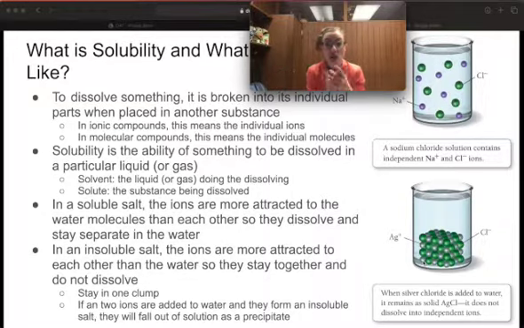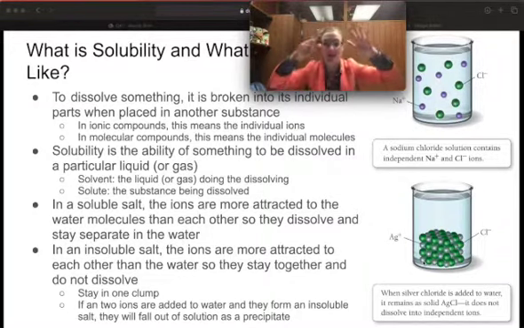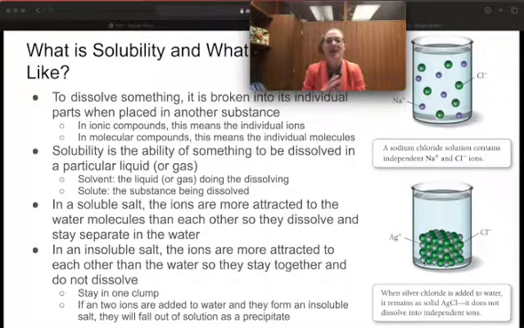If two solutions with floating around ions in them are mixed together and they form an insoluble salt, that solid salt falls out of solution as a precipitate. This was what we saw in our chemical reaction. We took two salts that were soluble, we mixed them together, and we formed something that was insoluble and had a couple of other ions left in solution.